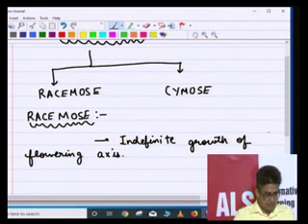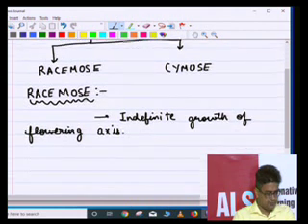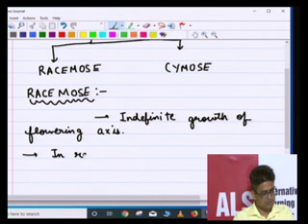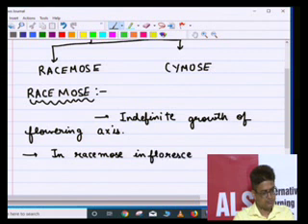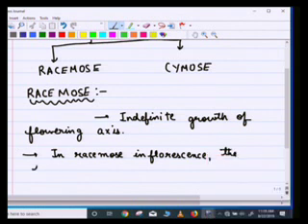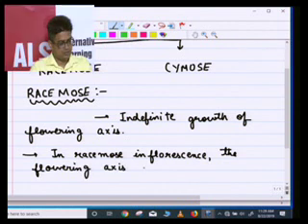Okay, so let's talk about it. In racemose inflorescence, the flowering axis continues to grow upwards while bearing flowers.